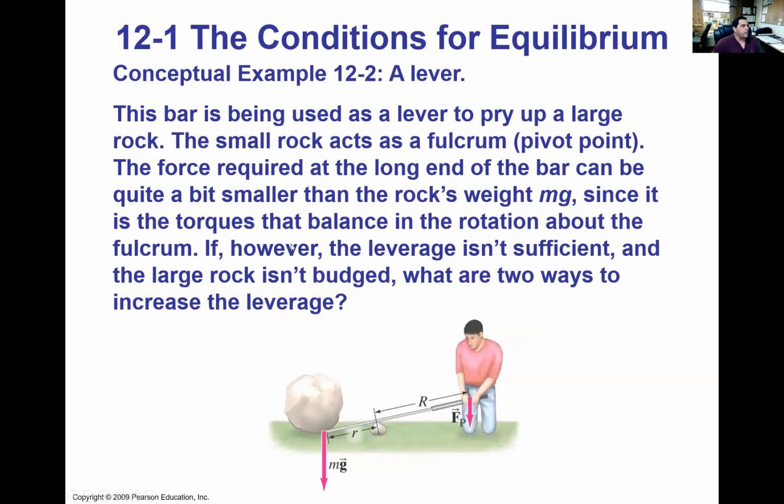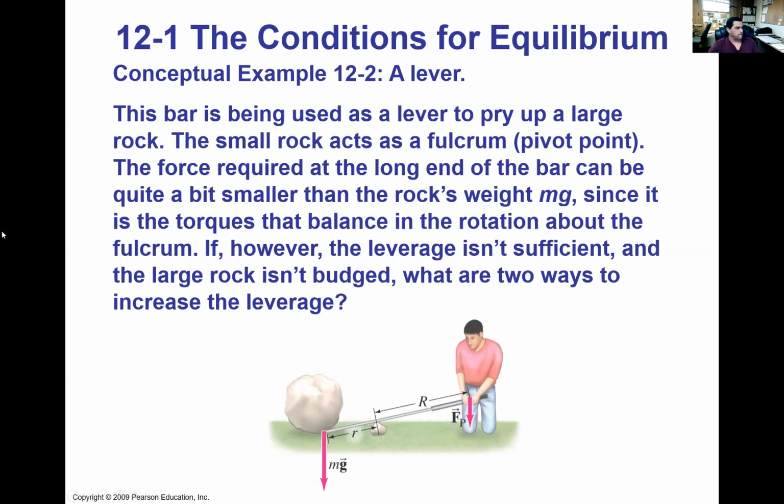So for this example, they're saying a simple lever, a simple machine. This bar is being used to pry up on a large rock. We're using a small rock as a fulcrum or pivot point where you're going to be rotating about. So you have this little r and this bigger R. So you're going to have a lever arm.